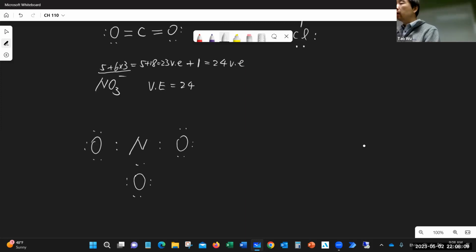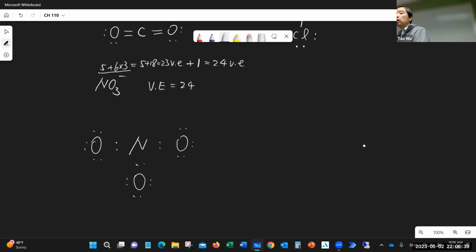Now, when we assign the 24 dots, we realize that each of the oxygens follows the octet, but the central atom nitrogen only has 6 electrons. Okay, it does not follow the octet rule, which means we need a double bond. So we talked about how when we are short of electrons, we're going to have a double bond.